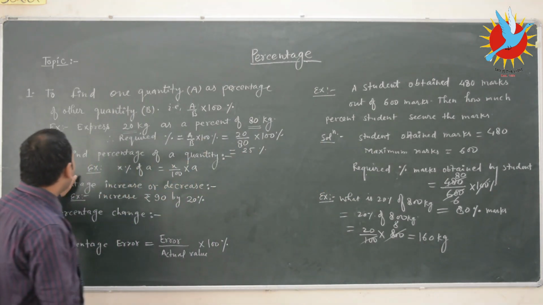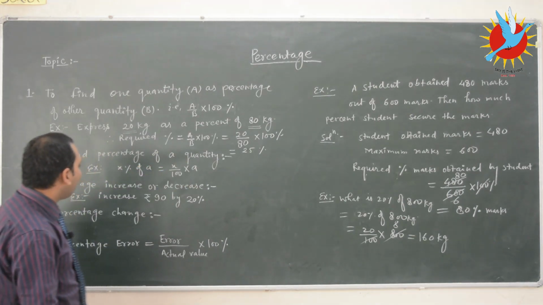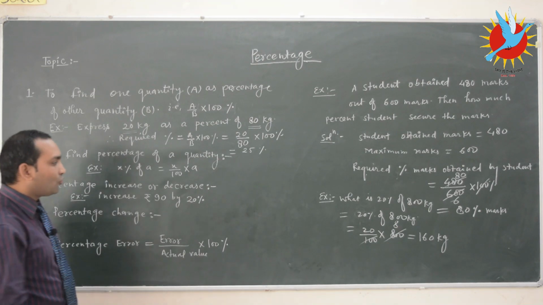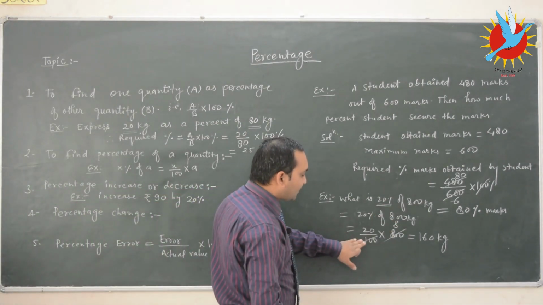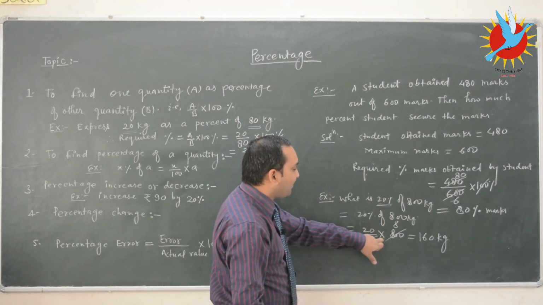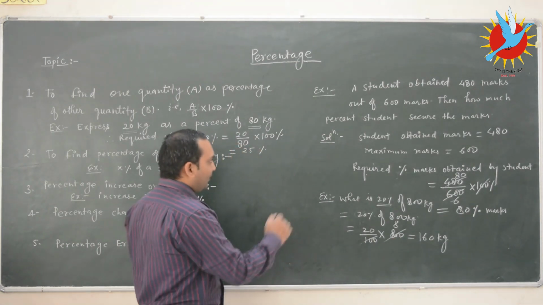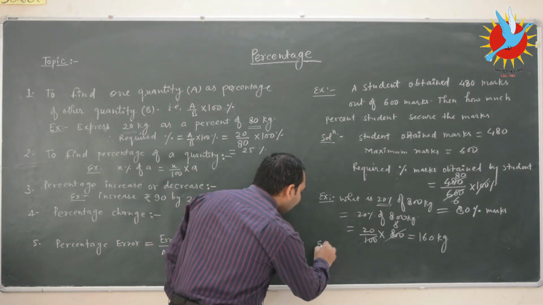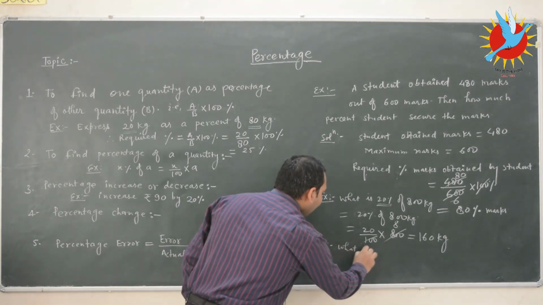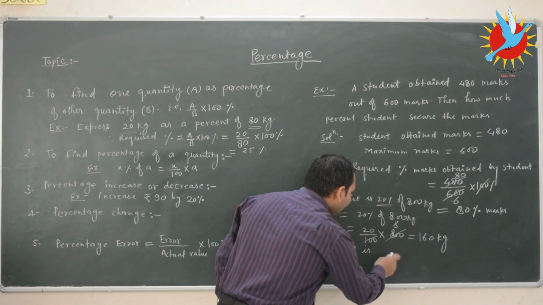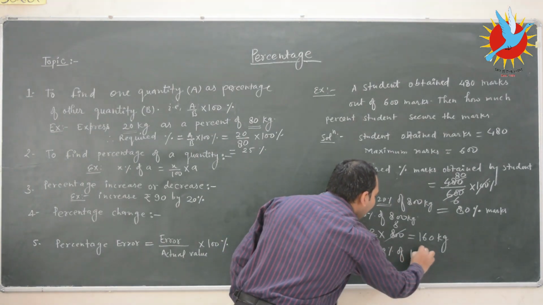Similarly, if we want to find the percentage of a quantity of any number, we write that percent in fraction form, then of means multiply, write the same quantity and simplify. Take another example: what is 40% of 1000?